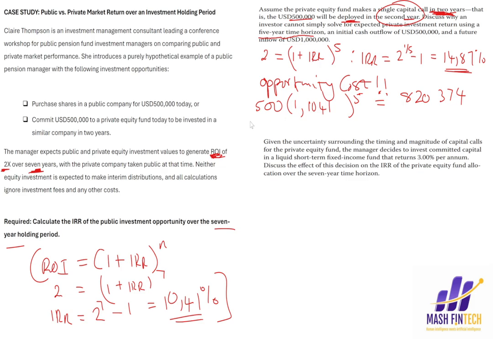And then to get the return on this investment, it's the cash inflow, the amount that you're going to sell the investment for, and you divide this by the money that you invested initially, 500,000. If you divide this, you're going to get a return on this investment of 1.64 times.